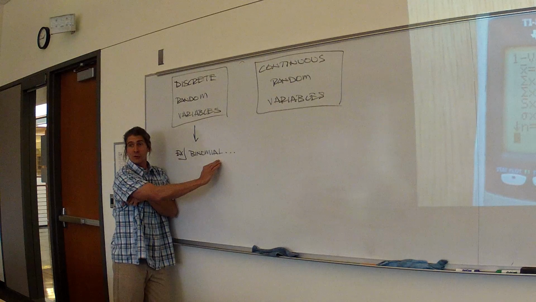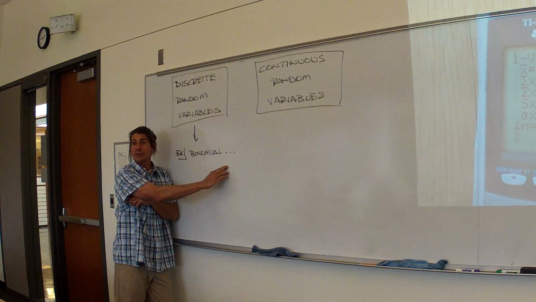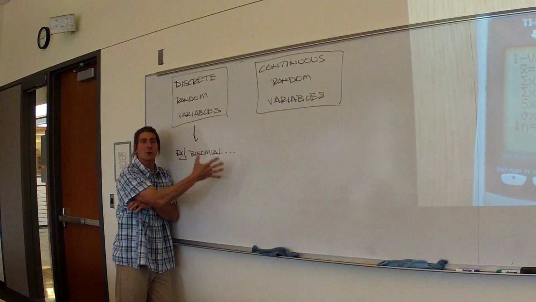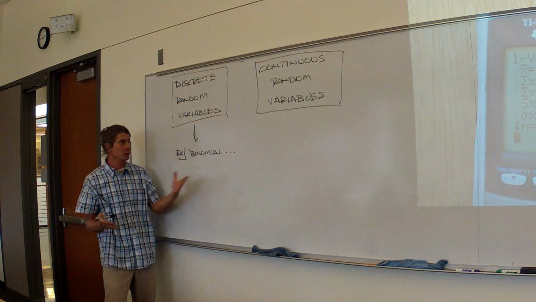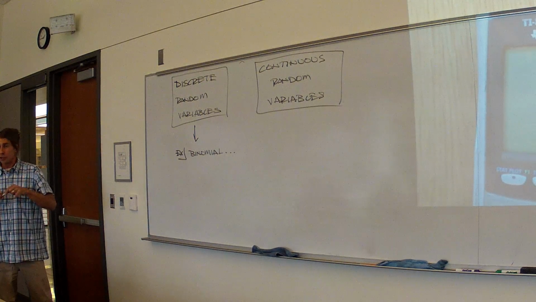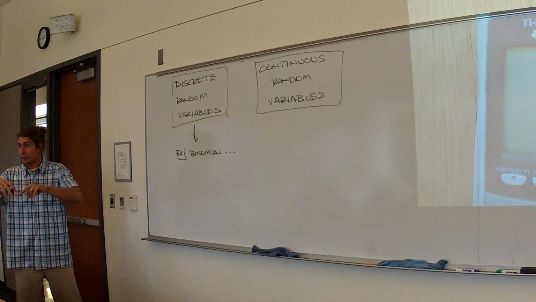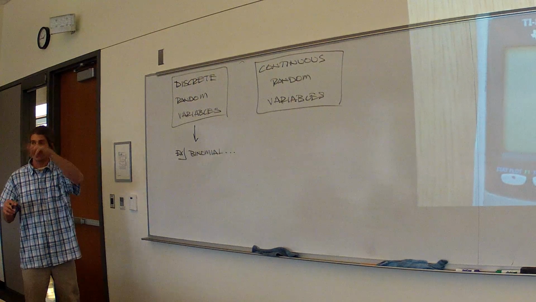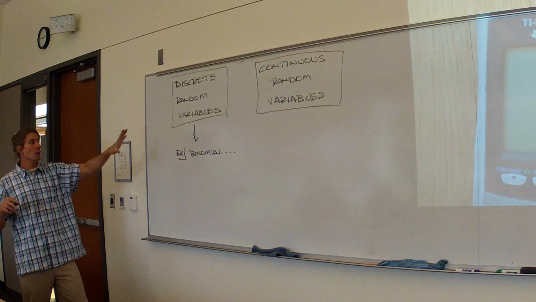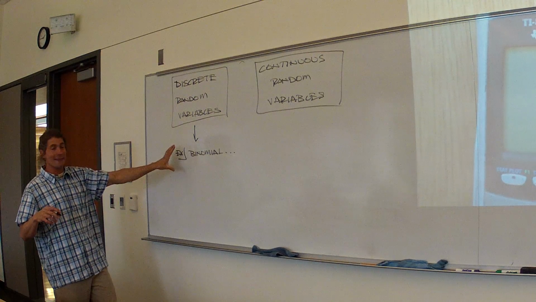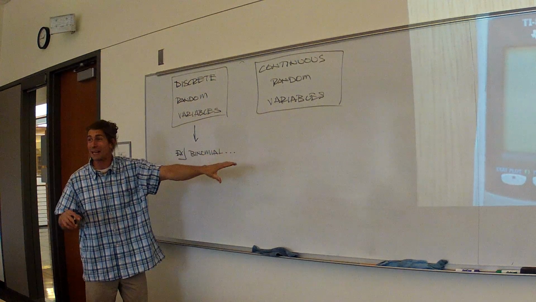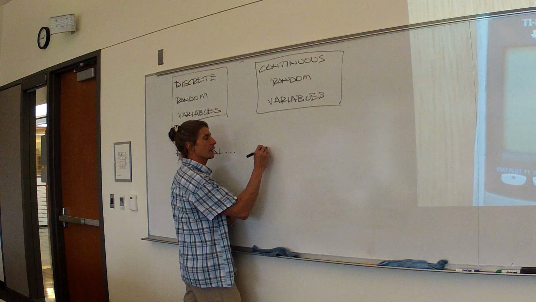This fits your needs for 244. It fits your needs for understanding what you read in the news. It fits your needs for when you have to model something in your life. So binomial is great. And if you watch the video, I think it was the first of the 5 videos for Monday, I showed you a link between this and what I call the standard normal or the normal distribution over here.